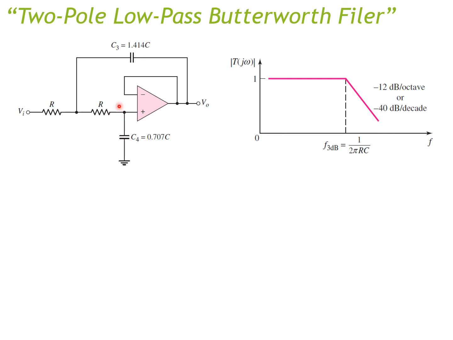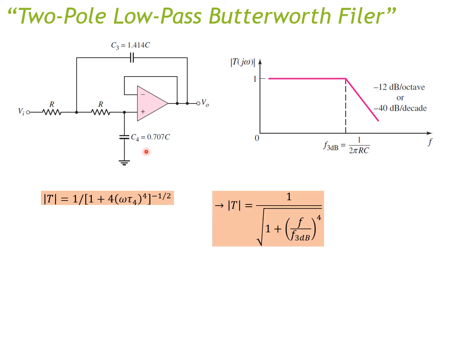So here is the circuit of the two-pole low-pass Butterworth filter. Since it's two-pole, the slope after the corner frequency is going to be negative 40 dB per decade, and we previously derived an expression for the gain, the magnitude of the transfer function, to be this, right?